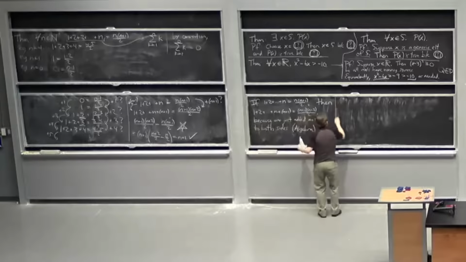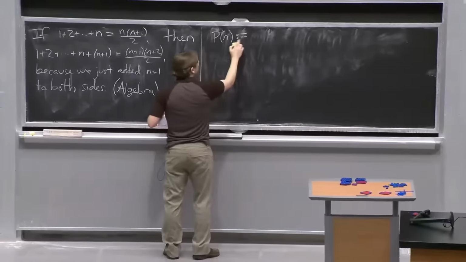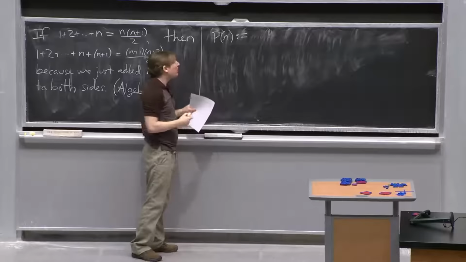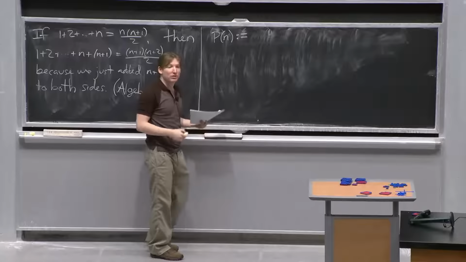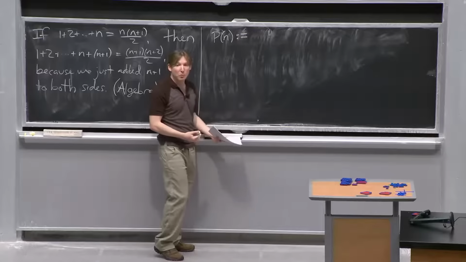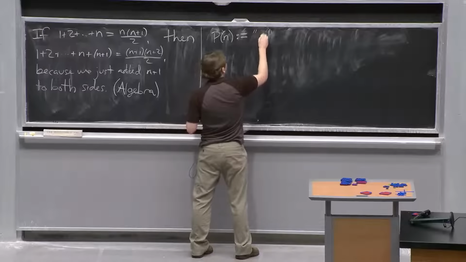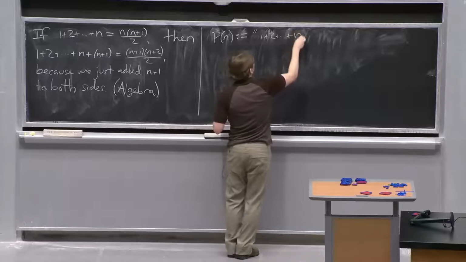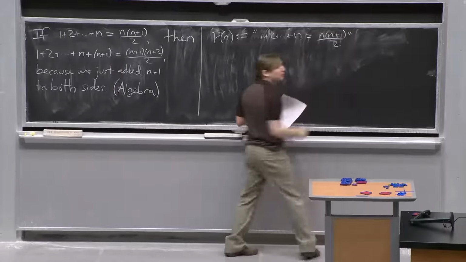So let's put some notation to this. I'm going to say that P of n is the statement. By the way, this colon equals is a way that we'll commonly say P of n is defined to be this thing. So not only is it equal to this, but this line right here is the definition of P of n. So let's define P of n to be the statement that 1 plus 2 plus up to n equals n times n plus 1 over 2.